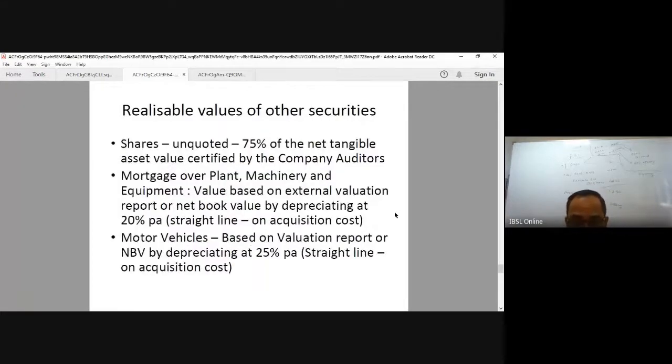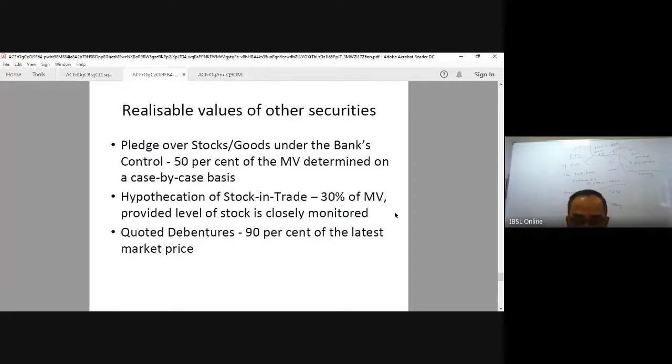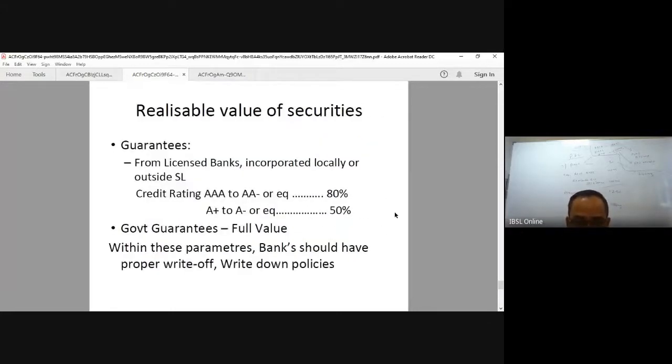Anything not mentioned here you will provide for at 100%. We also looked at foreign guarantees and local bank guarantees. So comprehensively we have covered these areas. Any question?